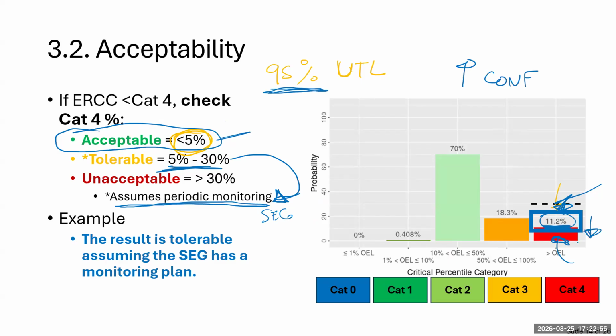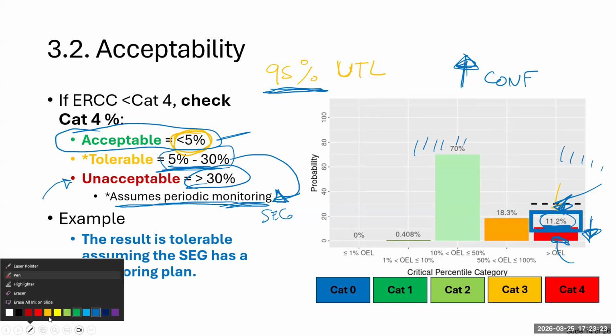There's no guarantee, but if we get more and more samples that are down here, then this will go down. If we start to get samples up here, then that's going to shift, obviously. But for sure, it's going to increase our confidence and our level of certainty as we take more samples. So tolerable, assuming we continue taking samples. And then if it's greater than 30%, we call that unacceptable.